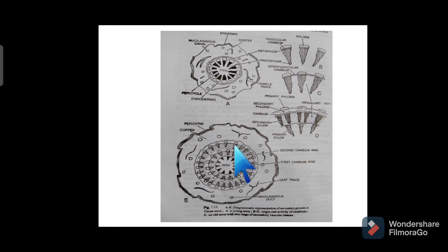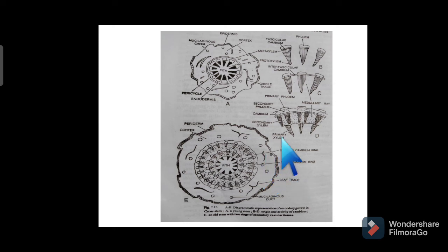Such secondary wood is referred to as monoxylic. Such wood is commercially useless and is generally associated with megaphyllous leaves and radial symmetry in the seeds of the plant. So that is all about the secondary growth in Cycas stem.